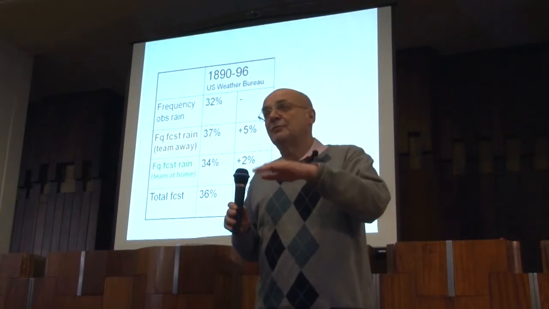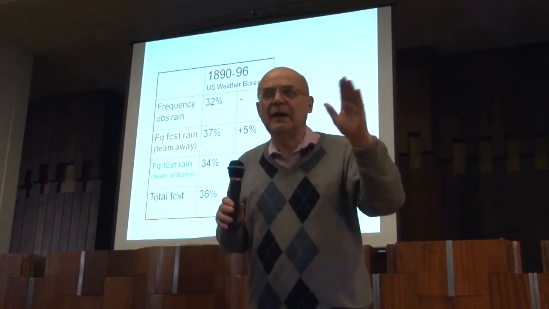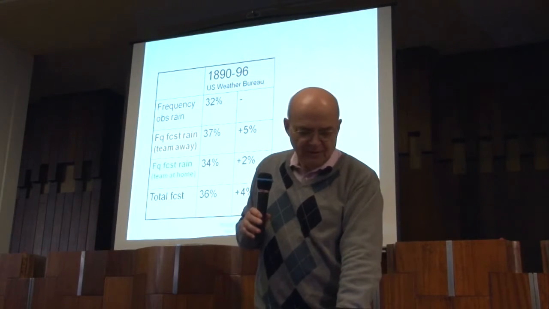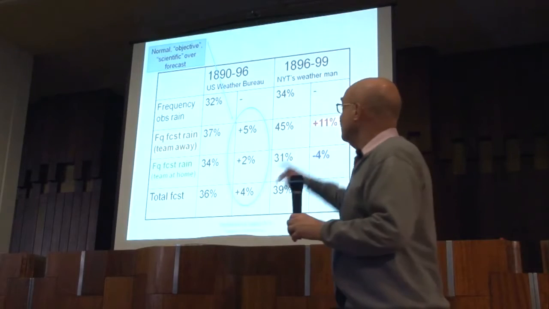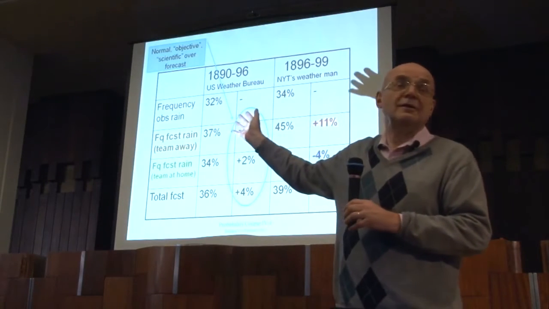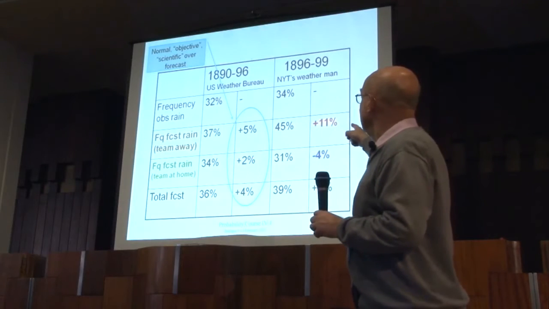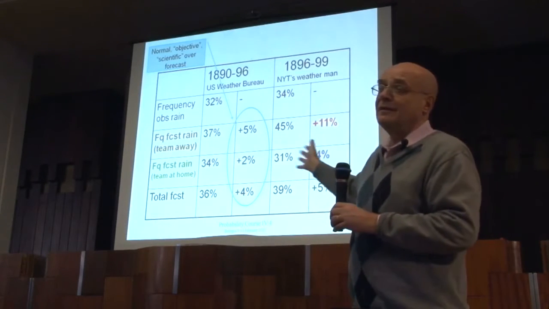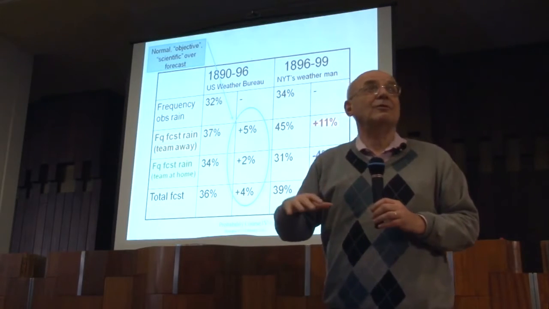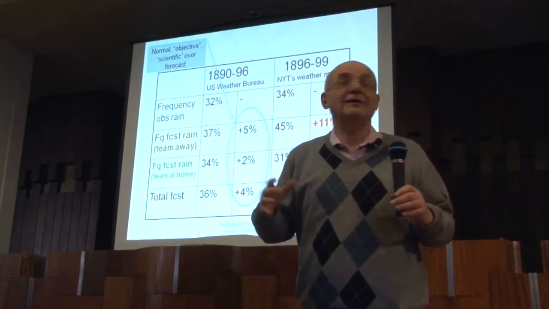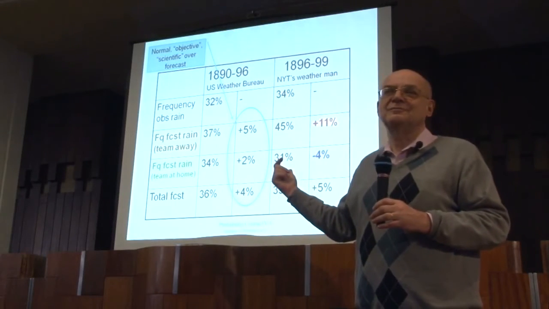Then it was taken over by a private company, perhaps in association with the New York Times itself. I'm not clear about that. But now it changed suddenly. It was still one third of the time rain forecast, but when the team was away, it was heavily over-forecast. And when the team was playing in New York, when everybody had an interest in nice weather to go to the match, it was under-forecast.